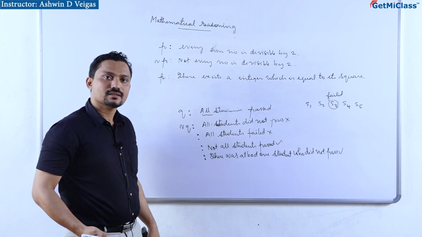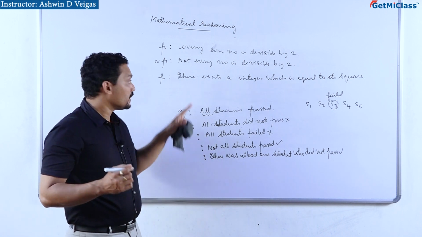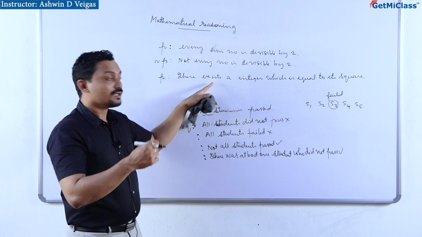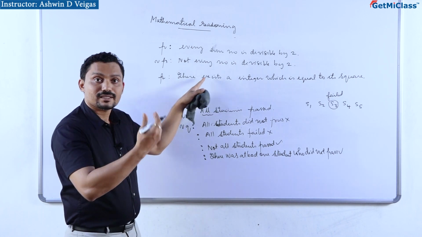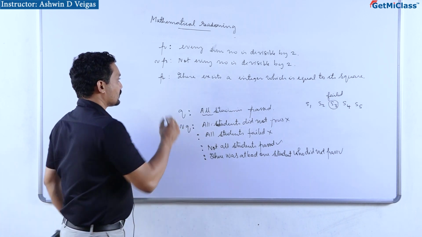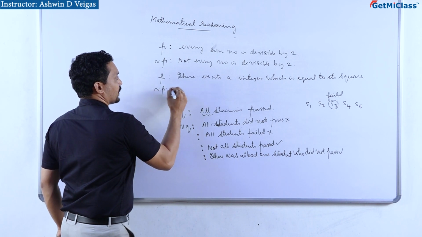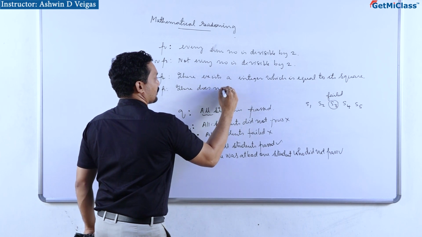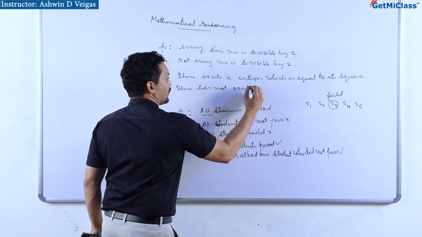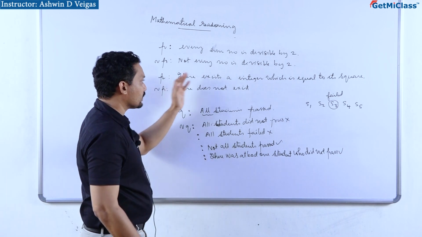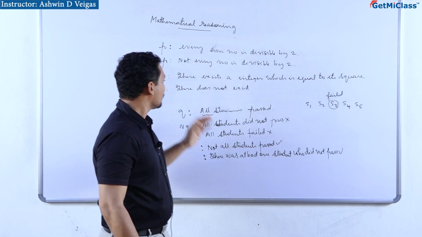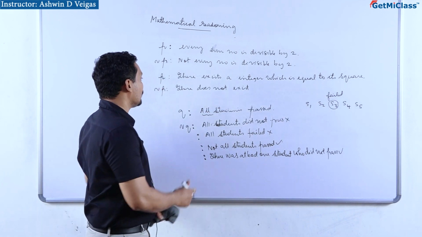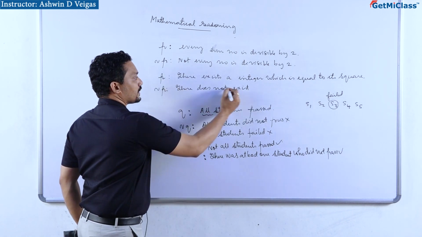In this case, the negation is very easy. There exists means there is. The negation of there exists is there does not exist. Then other things are the same. So the negation will be there does not exist an integer which is equal to its square. This will be the correct negation.